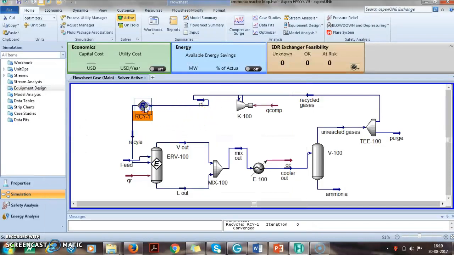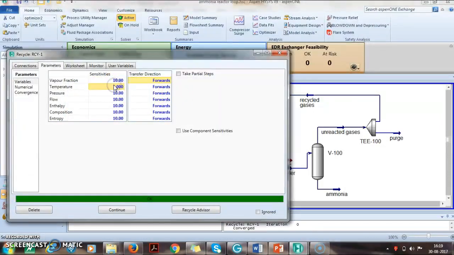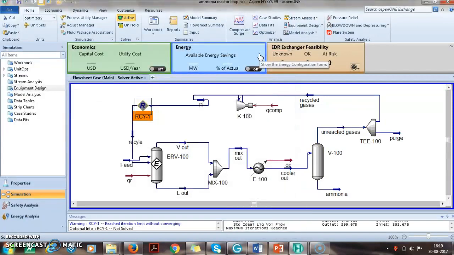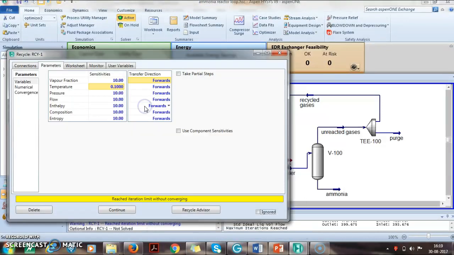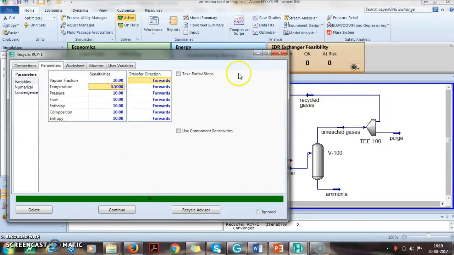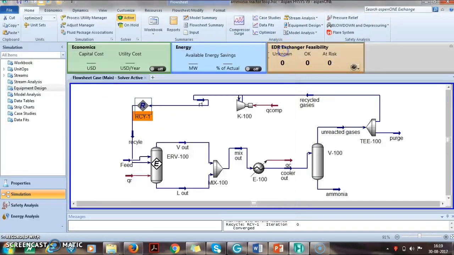Now say for example I make it 0.1, and see it is not converging. You can just see that it's not solving. But the moment I make it, say for example, 0.5, it is converged. Now for 0.5, the values I am getting are 4.893 and 4.89, so the accuracy has been increased.